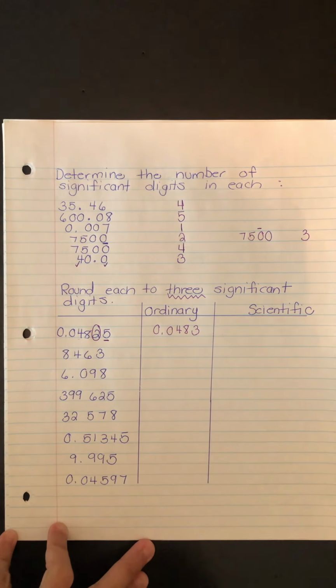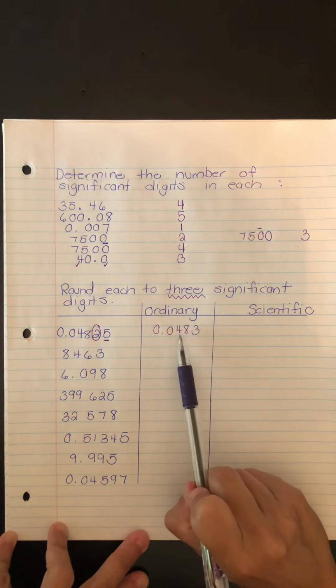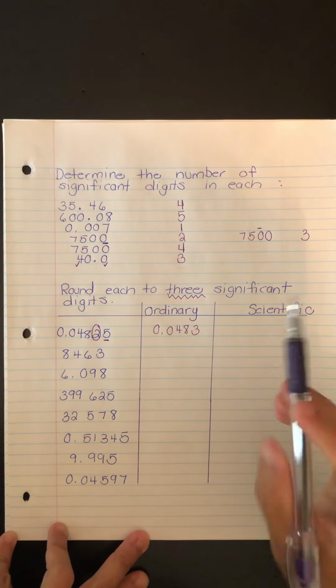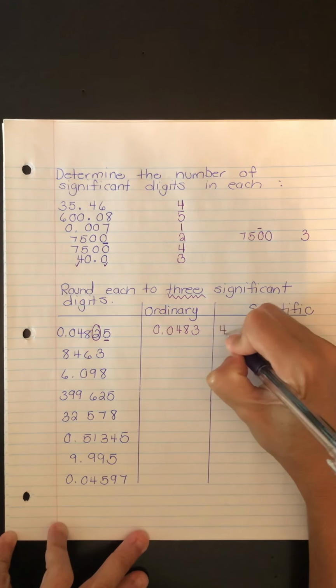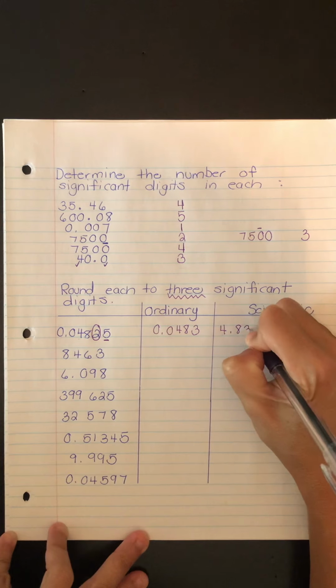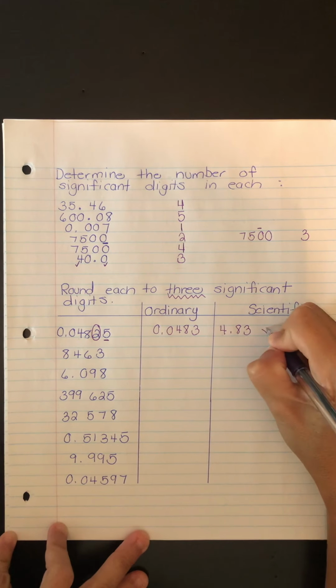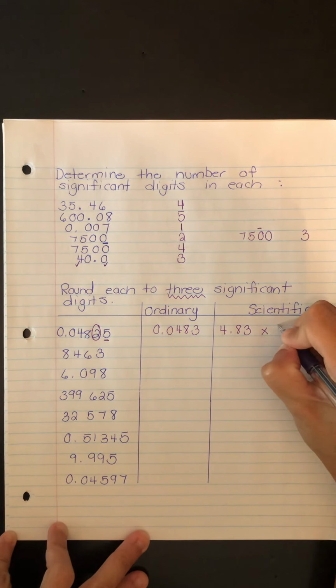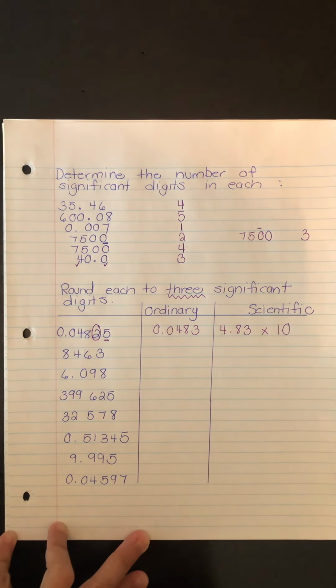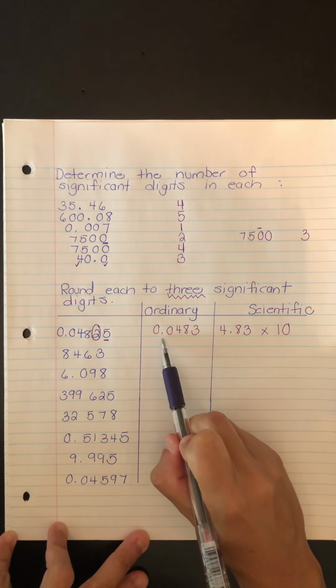To express it in scientific notation, we have to locate the decimal after the first non-zero digit. So the decimal will have to be right here after the 4. So that will look like this, 4.83. Now, of course, we have to include the appropriate power of 10. So 4.83 times 10 to the decimal moved 2 places.